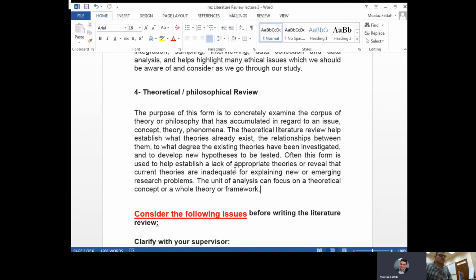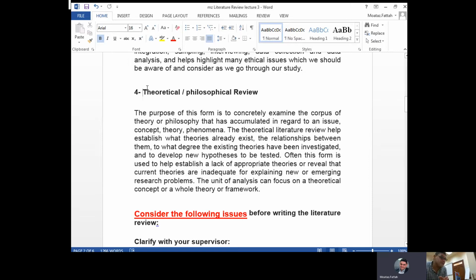Of course, when you do a theoretical and philosophical review for a paper on political thought, political theory, or political philosophy, you are not going to find a huge difference between the theoretical and philosophical review and your own contribution. Just be careful here. In the other forms, you're going to say, this is what I found, and I'll be collecting data, doing something different.